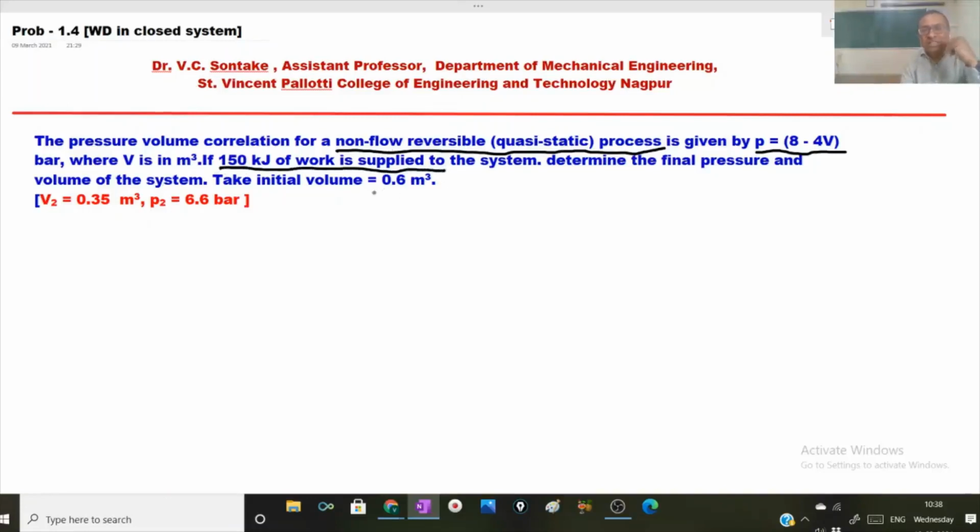So what will be the sign of this work done? The sign of the work done will be negative because we are supplying work to the process, and the initial volume is given. Okay, so let us solve this numerical.